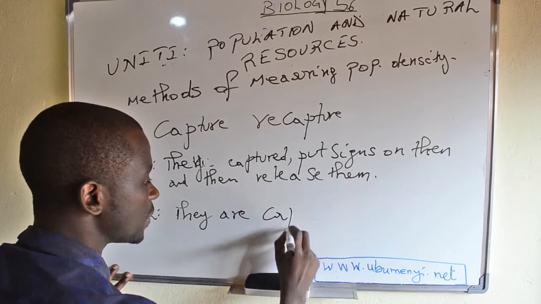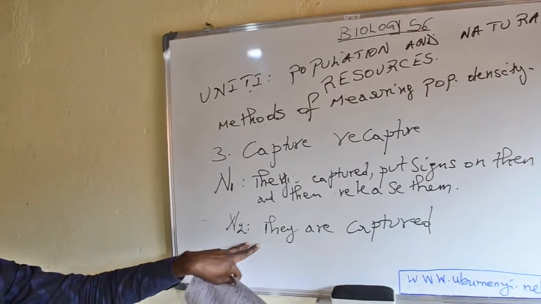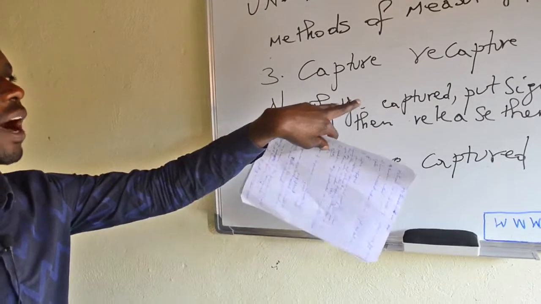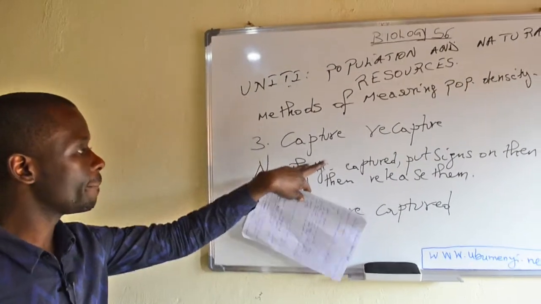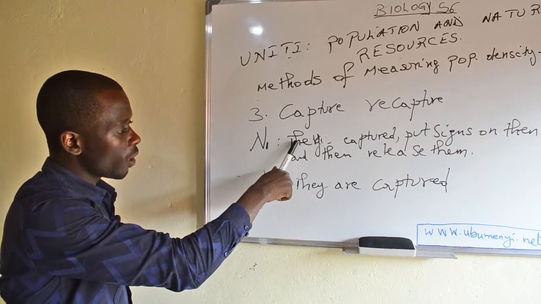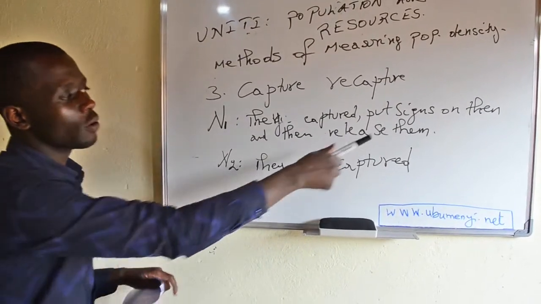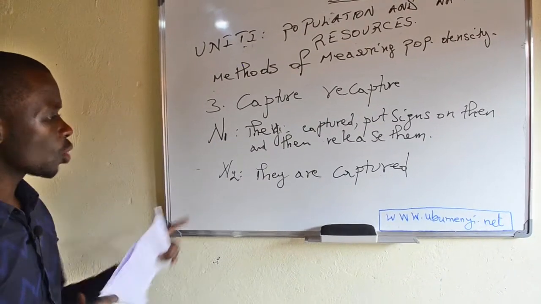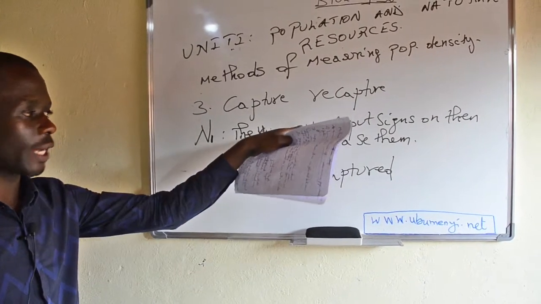In those, there are some that you marked, that you put signs on in the first capturing. The organisms that you caught the first time can be caught again the second time because you released them after marking them. So they are called N2, but there are also others that you did not capture the first time.